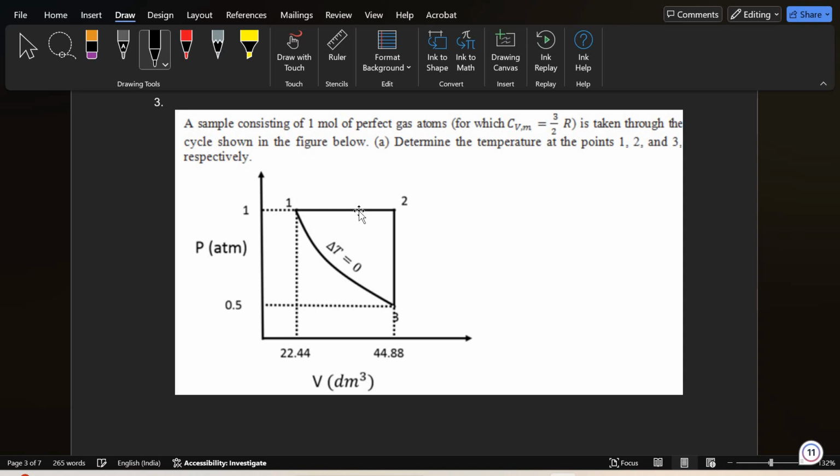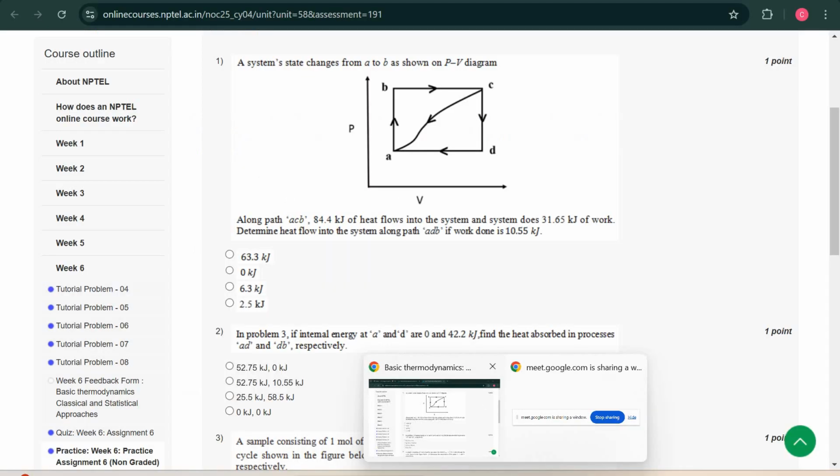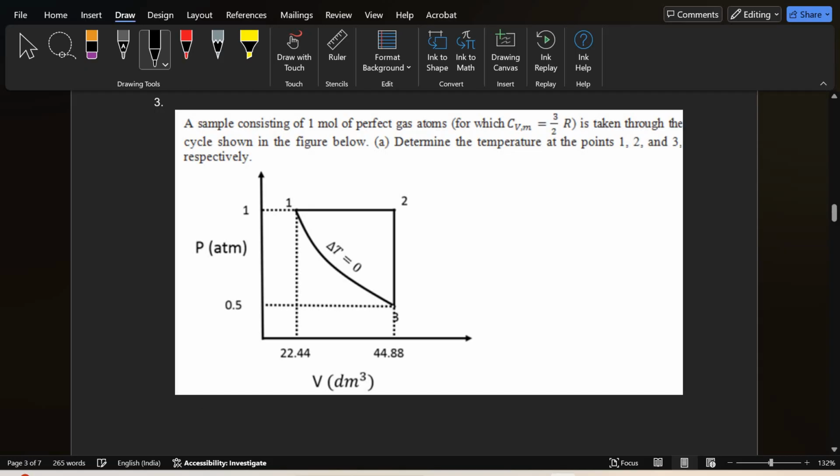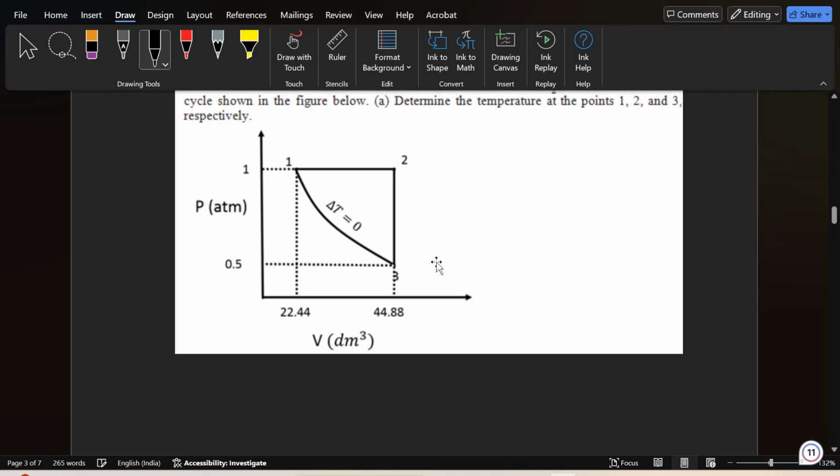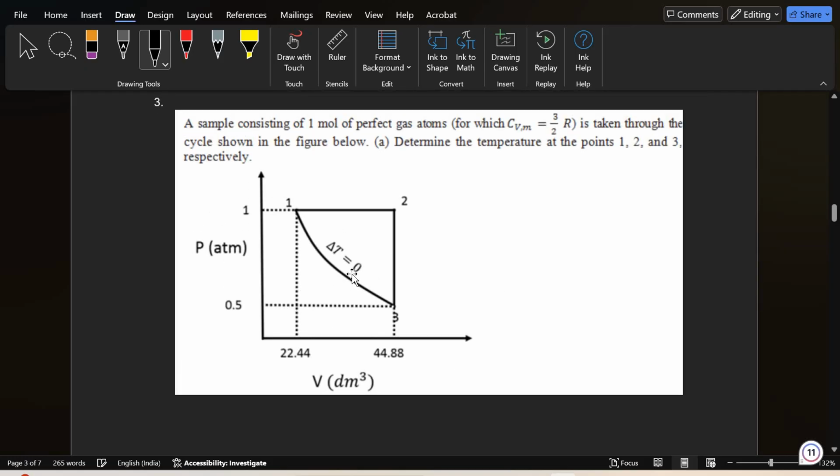Tell me what all we have from this graph. Jiggy, are you there? I can't hear you properly.